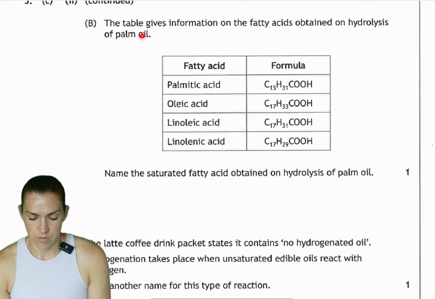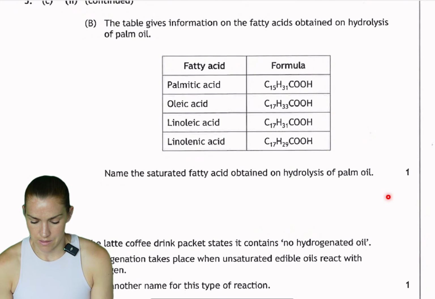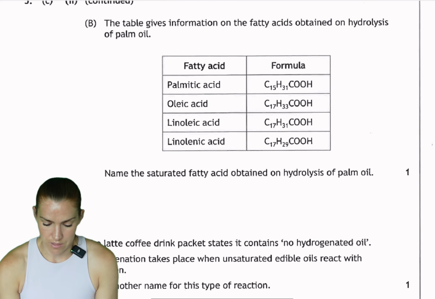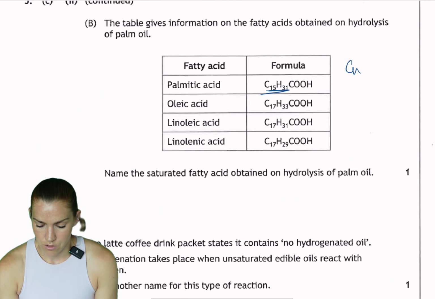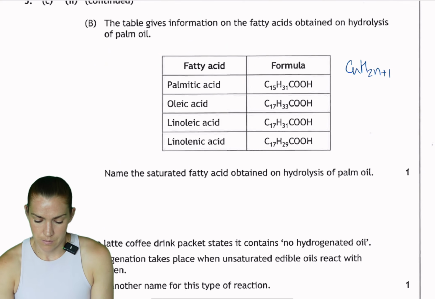The table gives information on the fatty acids obtained on hydrolysis of palm oil. Name the saturated fatty acid obtained on hydrolysis of palm oil. So to find the saturated one, we need to look at their formulas. And if it's saturated, the hydrocarbon section needs to fit CnH2n+1. So if we have a look, 15 times 2 plus 1 gives you 31, so that's probably the saturated one.